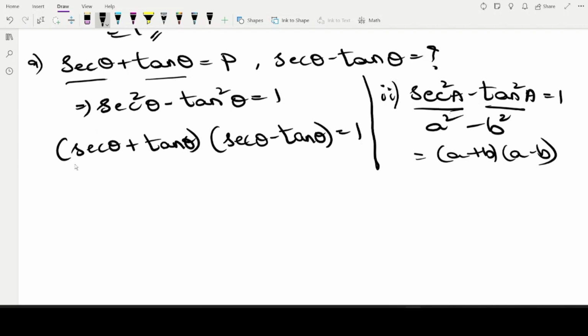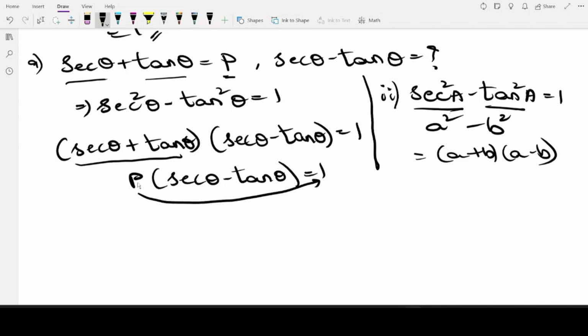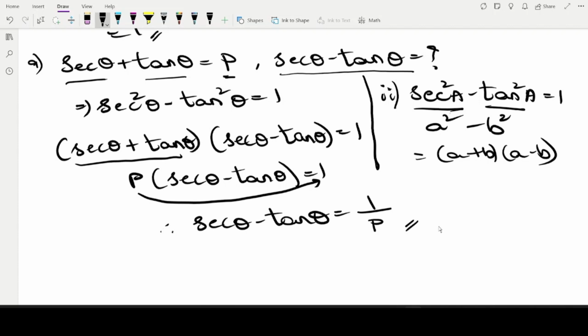From the given question, the value of secant theta plus tan theta is P. So P into secant theta minus tan theta equals 1. Now let us shift the P to the other side. The multiplication becomes division. So secant theta minus tan theta equals 1 by P. He has asked us to find the value of secant theta minus tan theta, so this is the answer. Therefore, secant theta minus tan theta equals 1 by P.